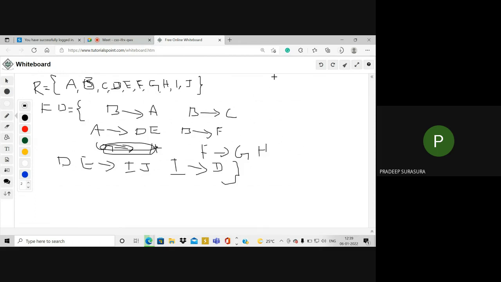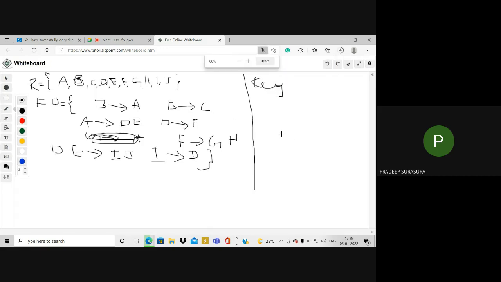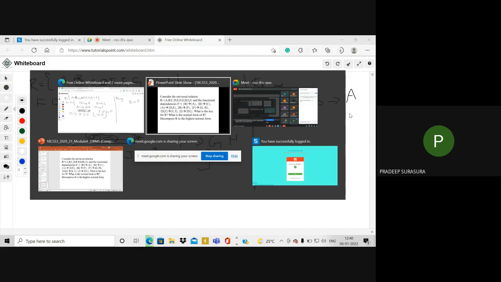Now, in certain books, you might get the question to deduce the key. We will use the closure algorithm and try to apply the minimal algorithm. This is as good as writing in the form of a diagram, which is one and the same. So B determines A, sorry.